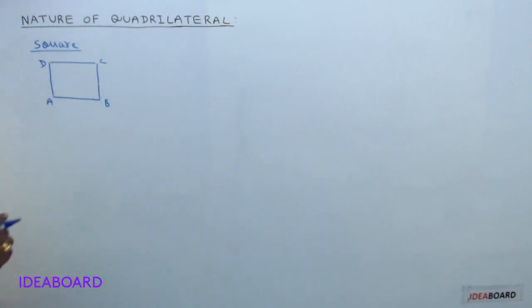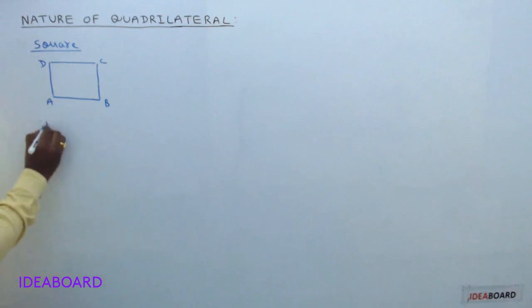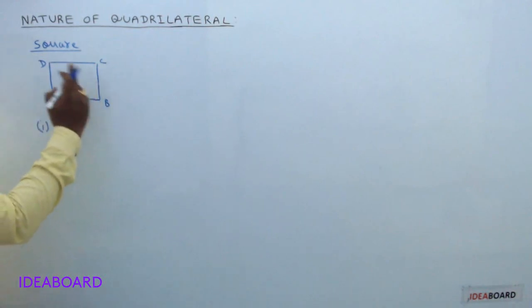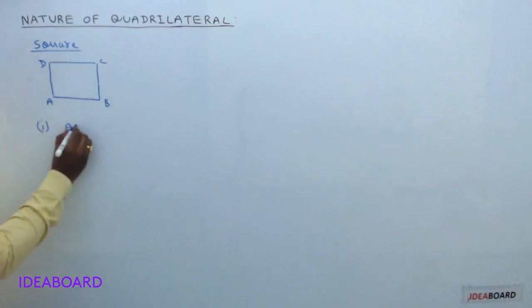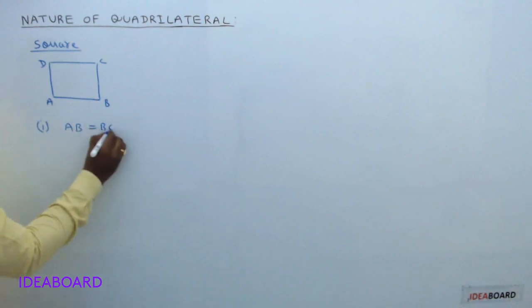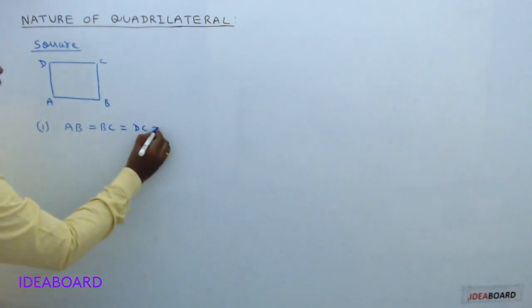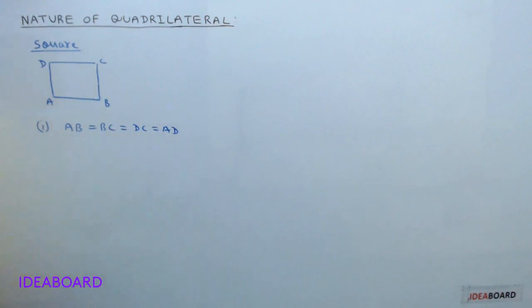Now, what are the conditions in the square diagram? First condition, all sides are equal. That means AB equals BC equals DC equals AD. It means all sides are equal.